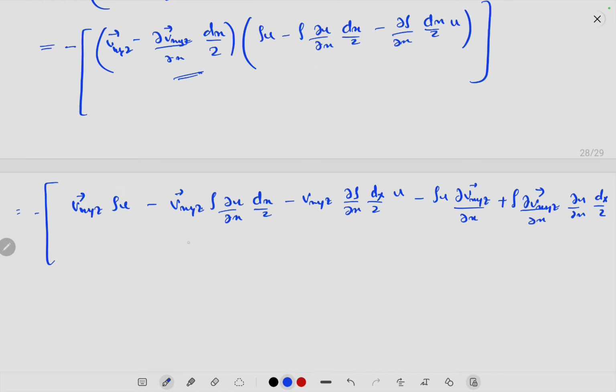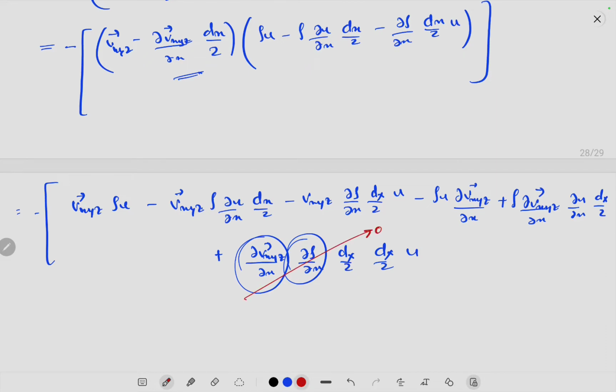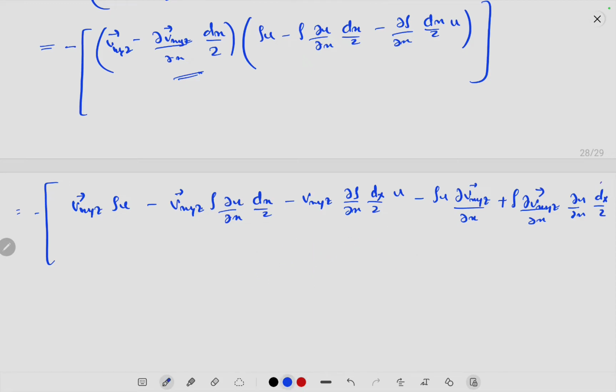So now let's multiply this with this. This will give you del v(x,y,z) by del x del rho by del x dx by 2 u. Again we have del v by del x times del rho by del x, so we can neglect this term, approximated to be equal to 0, so let's not write this term, and we'll be left with this expression.